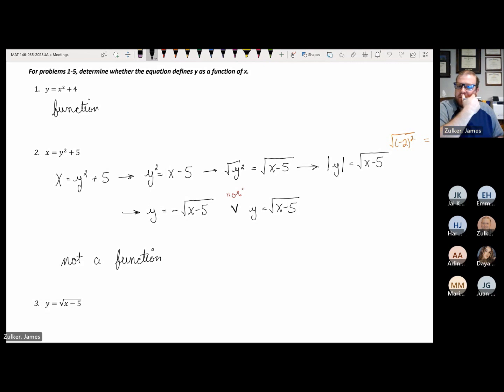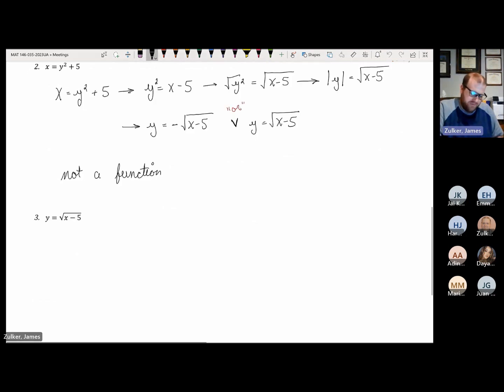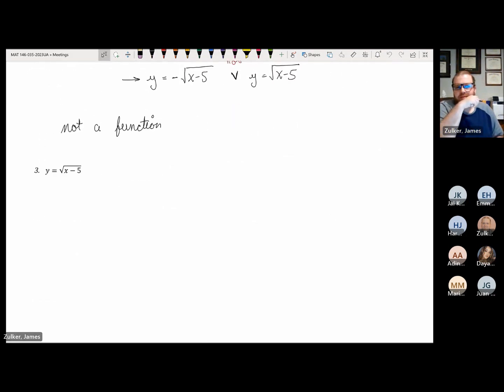Well, let's look, because this one is a square root. y equals the square root of x minus 5. If you plug in an x value, let's say again 8, do you get only one y value?